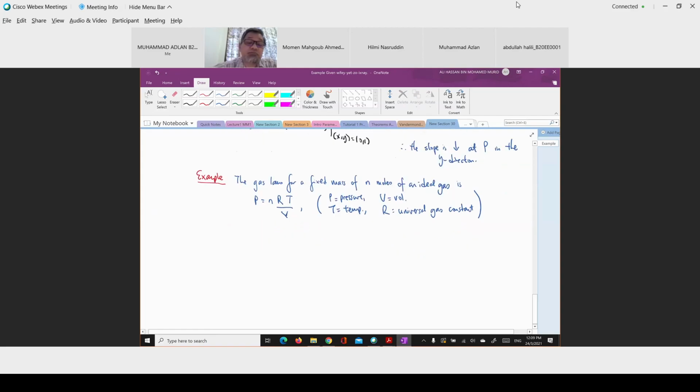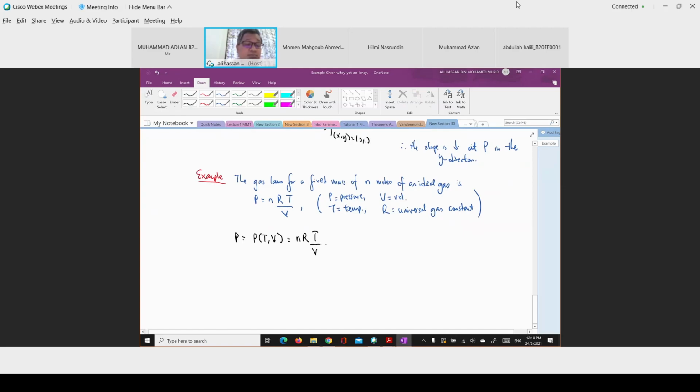So we can think of P as a function of two variables, T and V. n is constant and R is a constant.